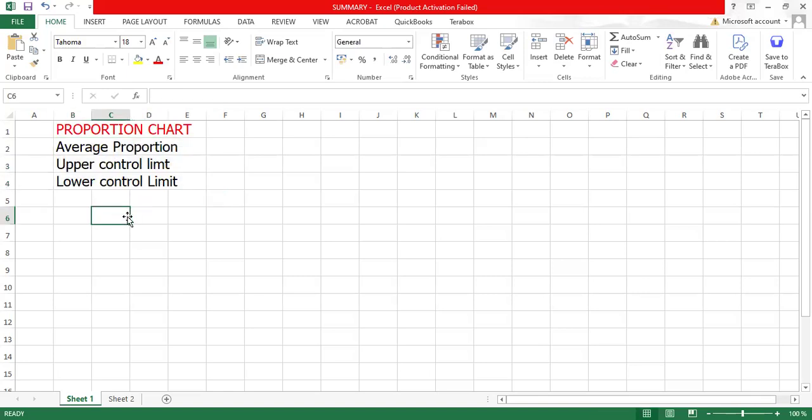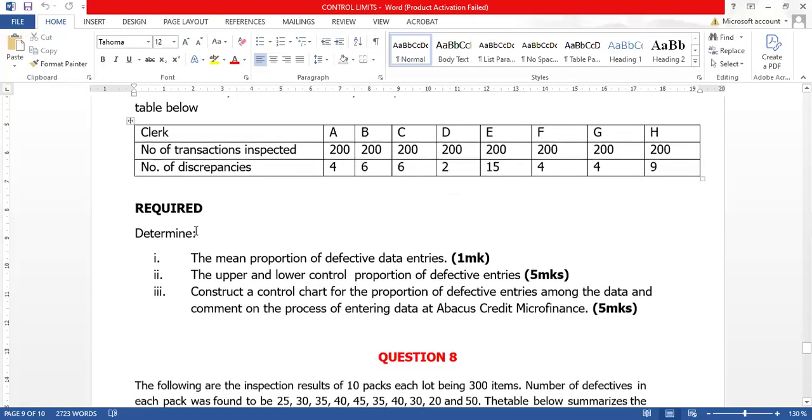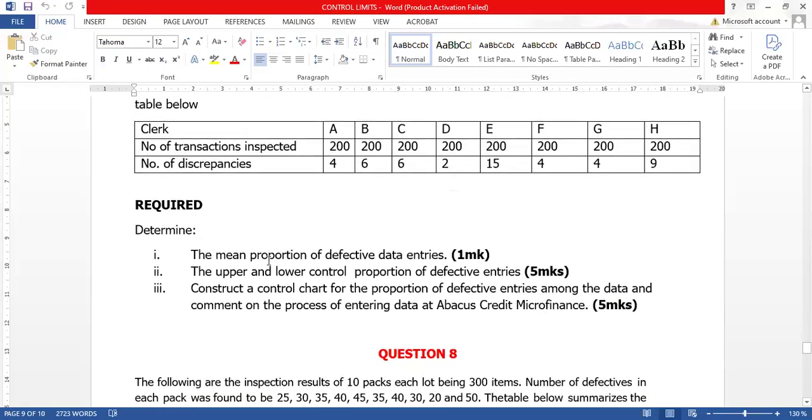So with proportion, you are not dealing with mean, first of all. You're not dealing with a range. So you'll be having data. For example, let's look at question 7. On the required part, we are told to determine the mean proportion of defective data entries.